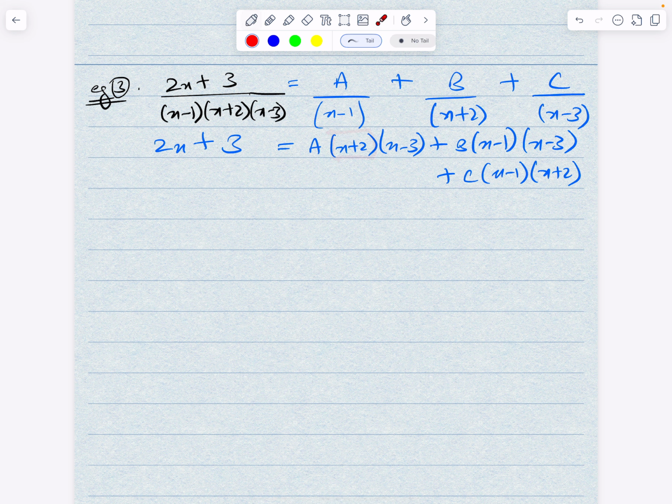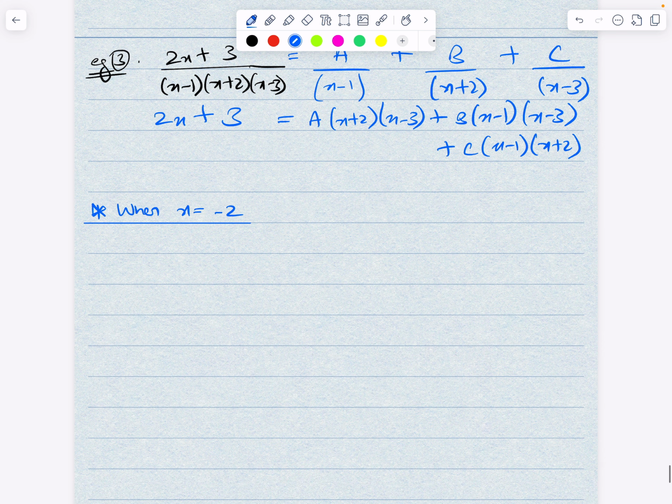So A cancels off and C cancels off too. So when x is equal to minus 2, I have 2 into minus 2 plus 3 equals B(-2 - 1)(-2 - 3).